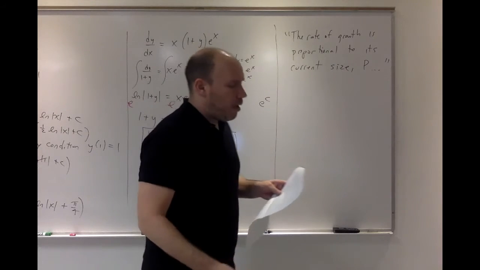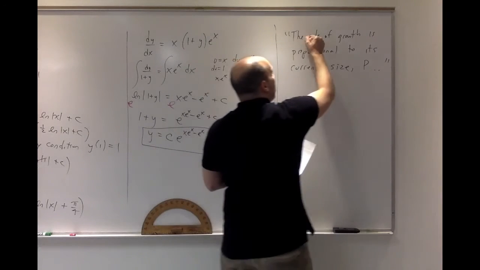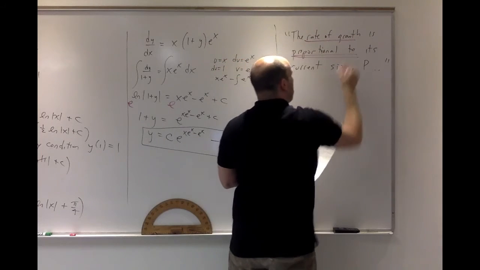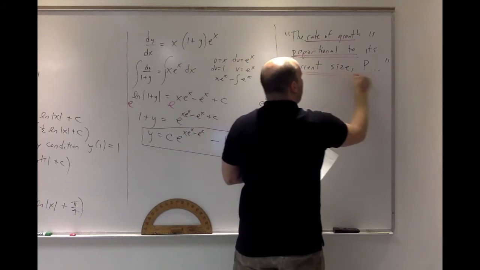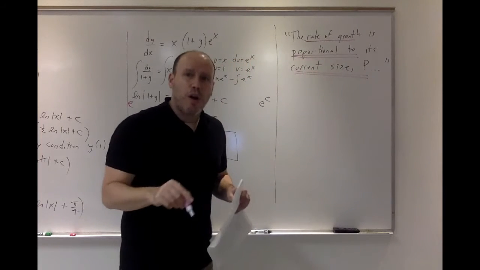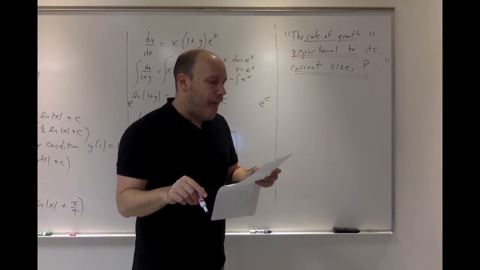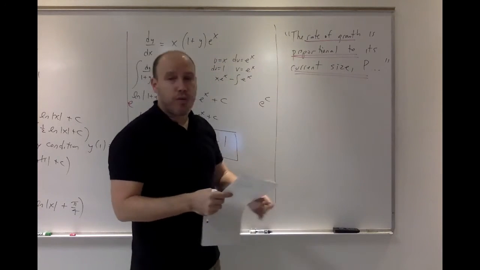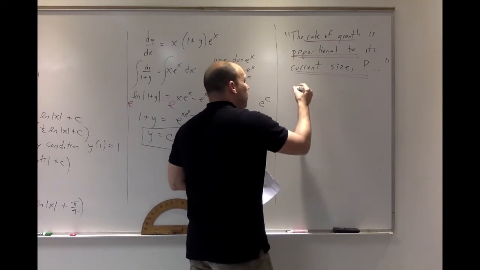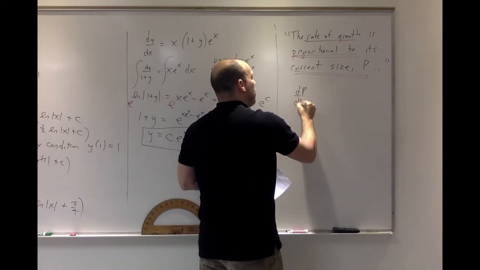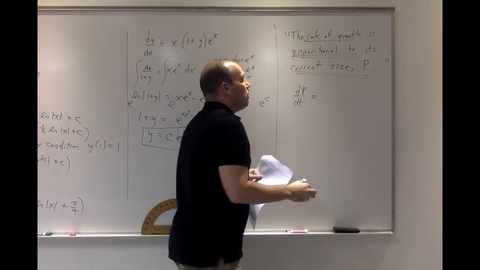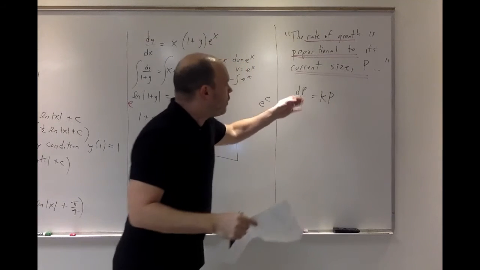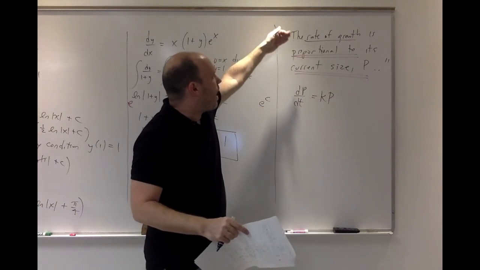The first thing I see is the rate of growth is proportional to the current size P. So I know the variable is P. How do we write the rate of growth? Well, that's dP over dt is equal to, well, it's not equal to P, it's proportional to P. And so this is the type of question with that structuring.